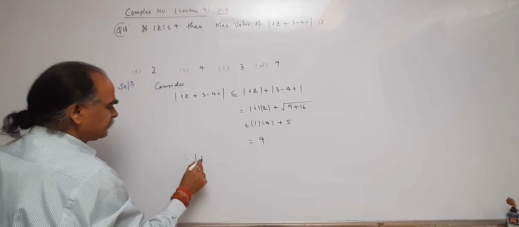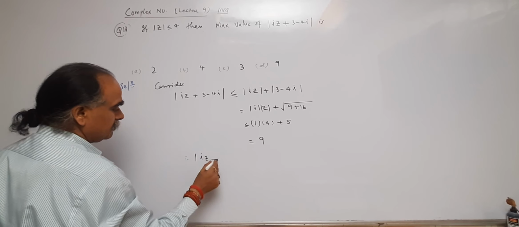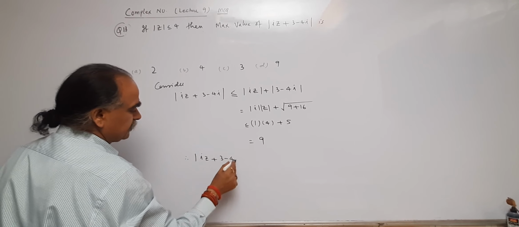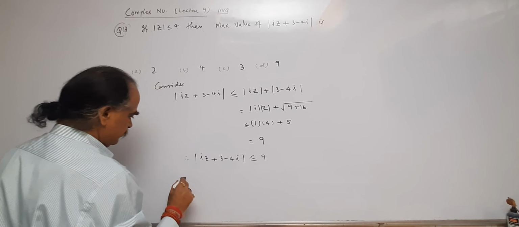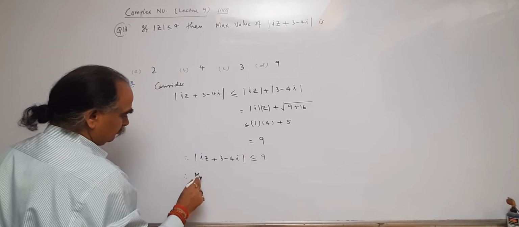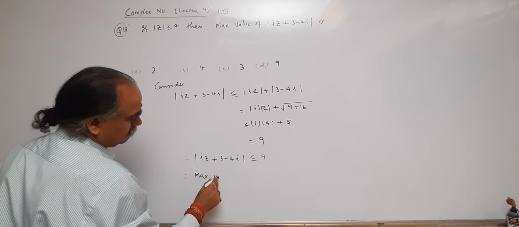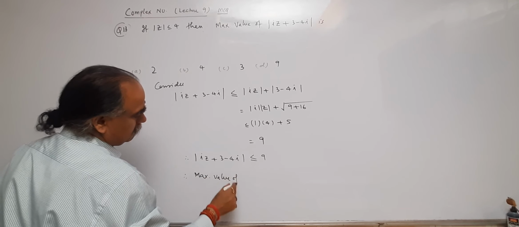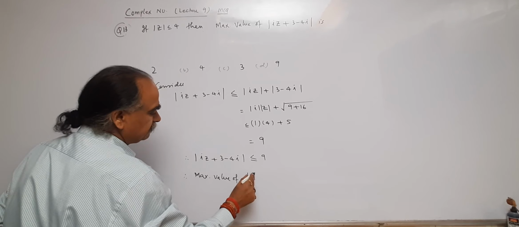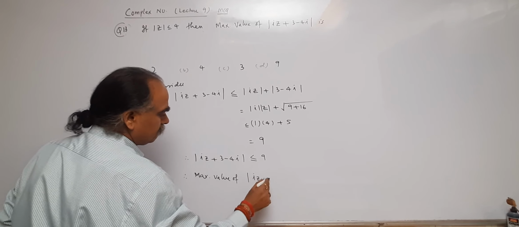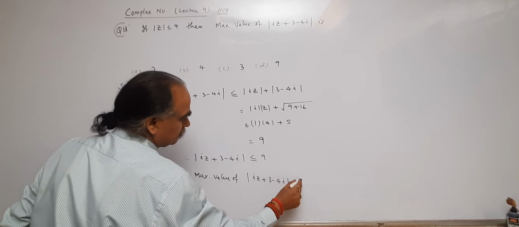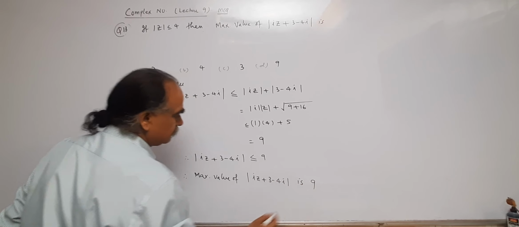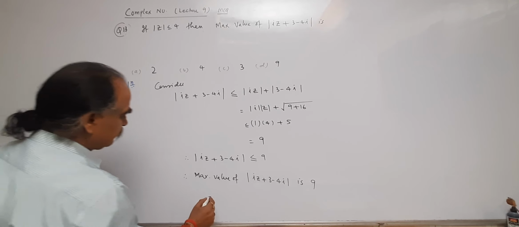Therefore, modulus of iz plus 3 minus 4i is less than or equal to 9. So the max value of modulus of iz plus 3 minus 4i is 9. Answer D.